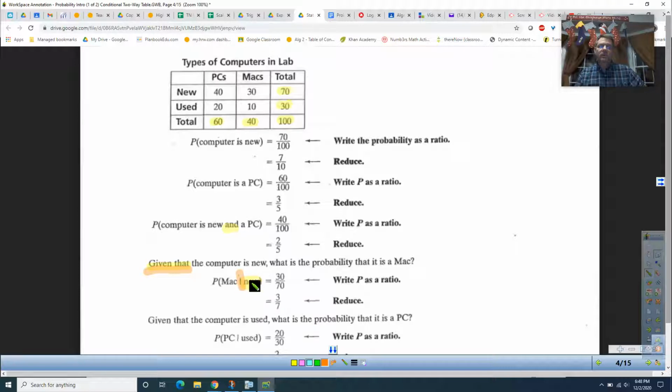The second piece determines your denominator. Given that you know it's new, how many computers are new? 70. That's why the 70 is in the denominator. As soon as you say "given that it's new," this is something we already know right off the bat.